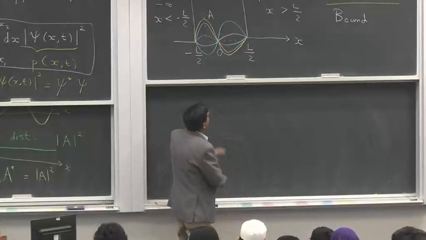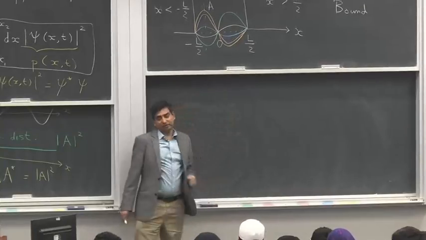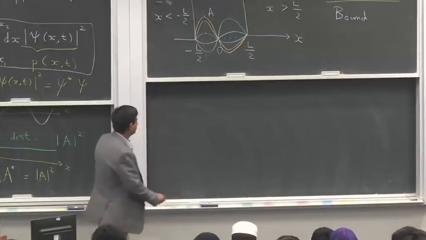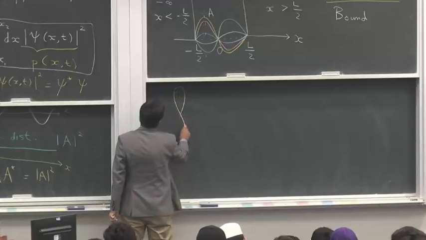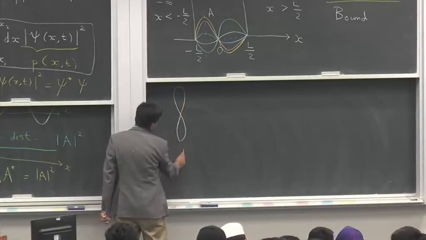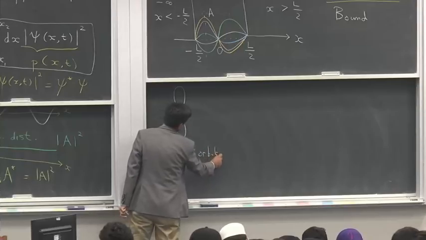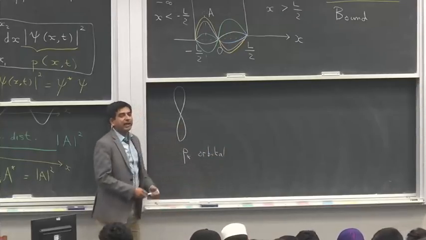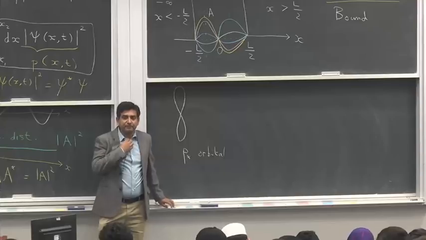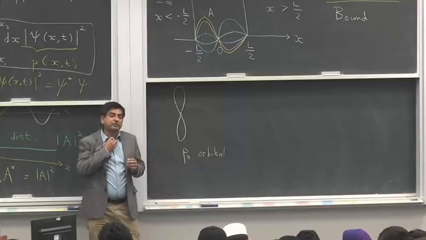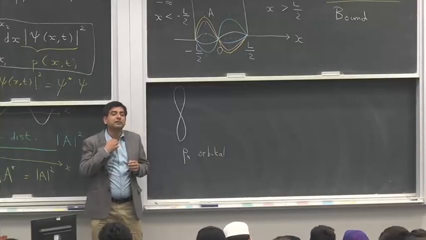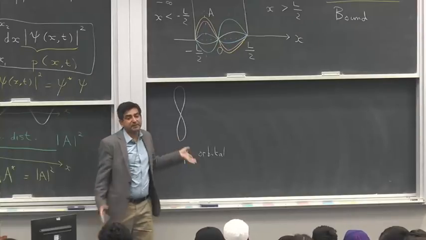So in chemistry textbooks, sometimes you draw a p orbital. This is the conventional picture of a p orbital, say a px orbital. Now, you're familiar with these pictures, but what does this picture really show?